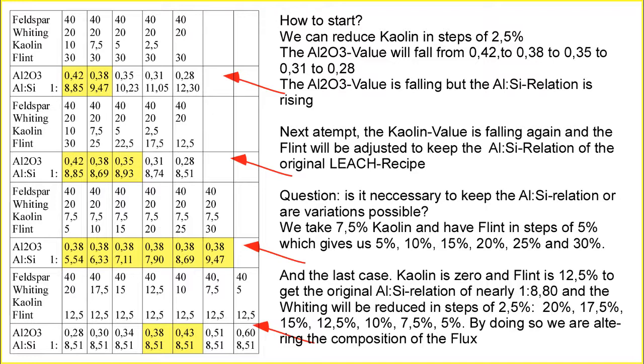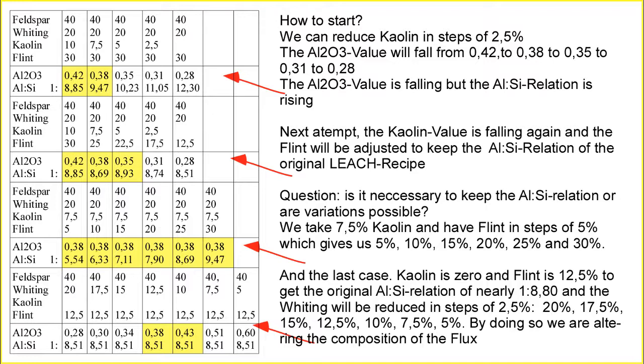And on the left side you can see the alumina-silica relation is starting with 1 to 5.54 and ends up with 9.47. All the yellow marked samples are usable glazes.